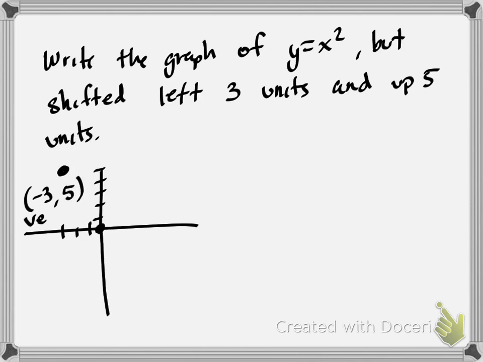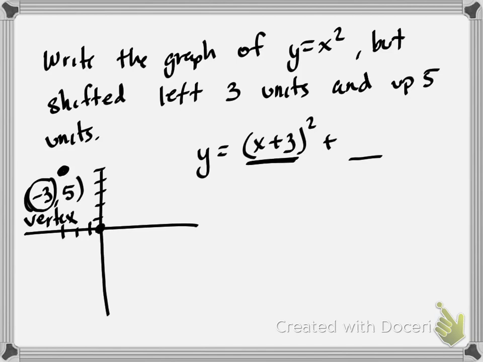That's my vertex. Well, now I want to translate that back into this format. Remember that this changed signs though, right? This changed signs from this format right here. So instead of a minus 3, this is going to be x plus 3. And this number did not change signs at all.